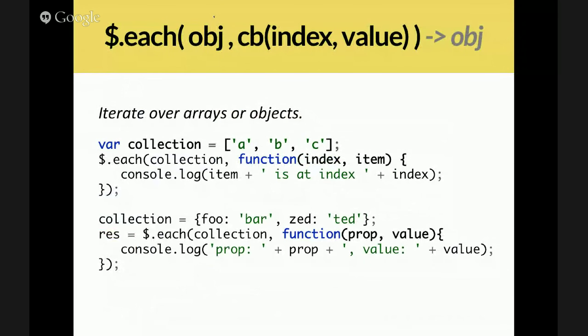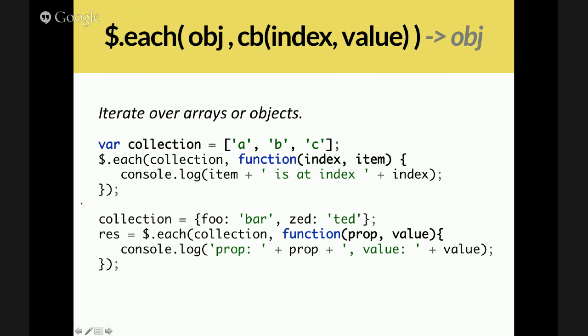So jQuery's each, given an array, will loop through every item in that array and call the function, the second argument, with the index of each item in the array and the item itself. So this is going to console log A is at 0, B is at 1, C is at 2.